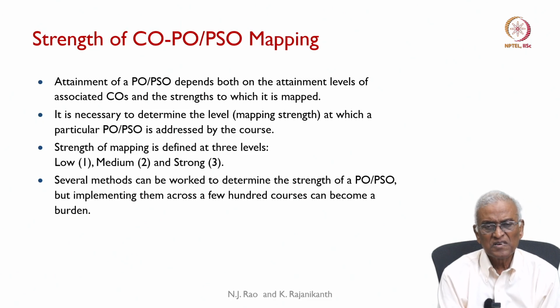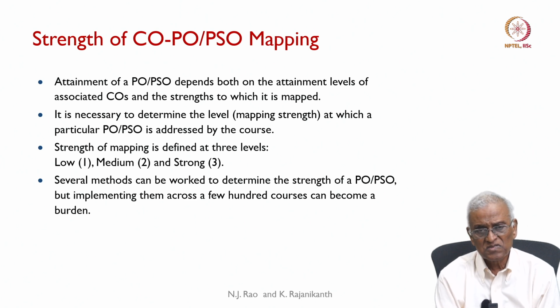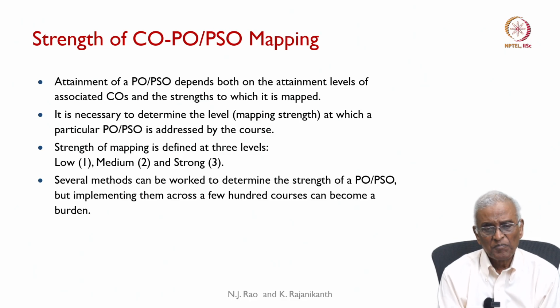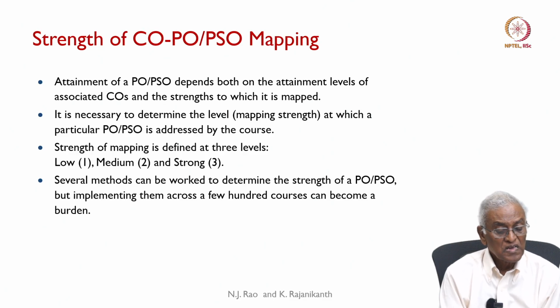We will present one method of doing it, and there is another alternative method suggested by NBA as well. But a third one also can be identified by the faculty of a department sitting together. Several methods can be worked out to determine the strength of a PO PSO.